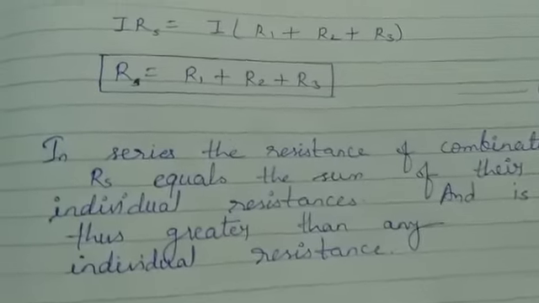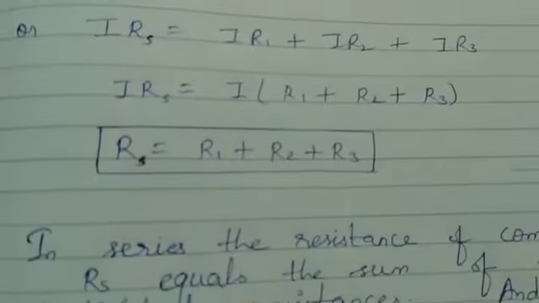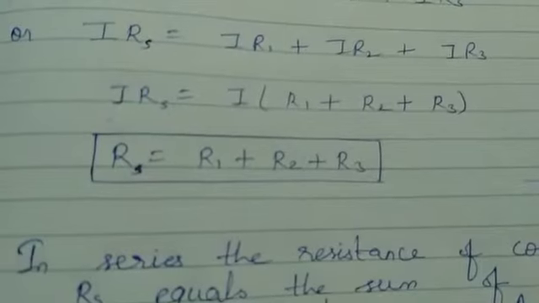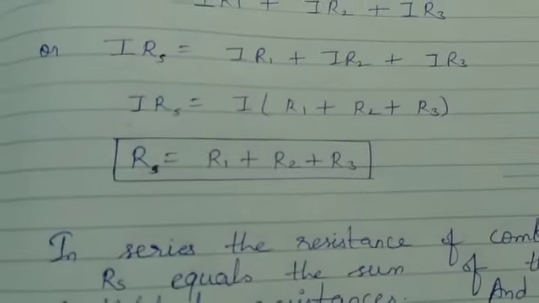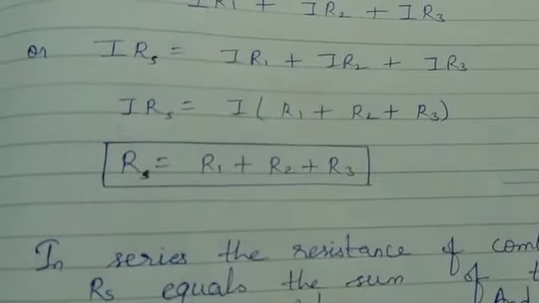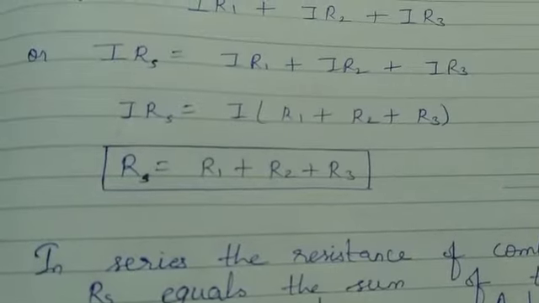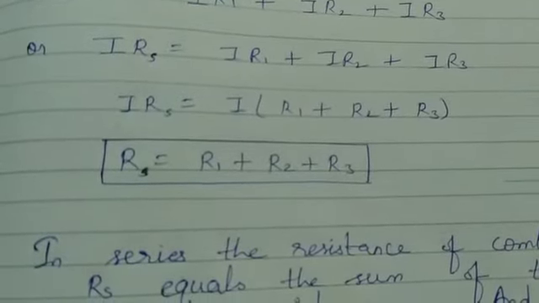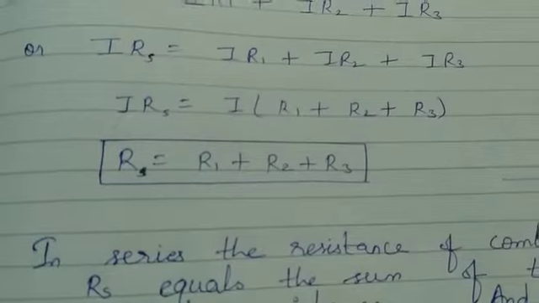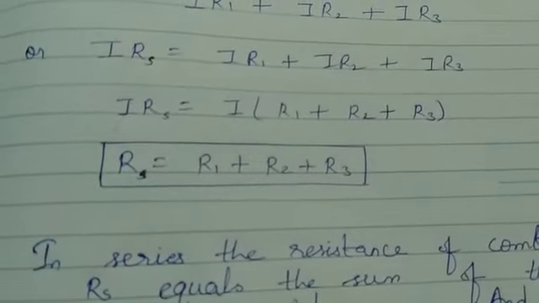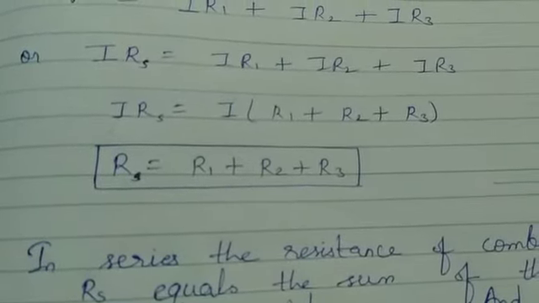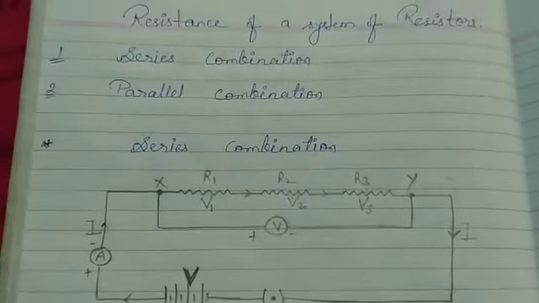So here we can see the total resistance in series is equal to the algebraic sum of the individual resistances. So obviously the total resistance is more than any individual resistance because it is the algebraic sum of all of them. So this is it for today's lecture.